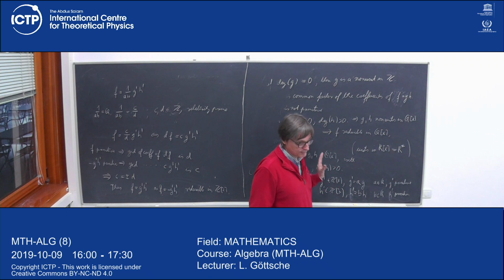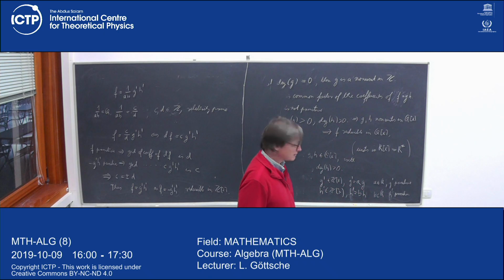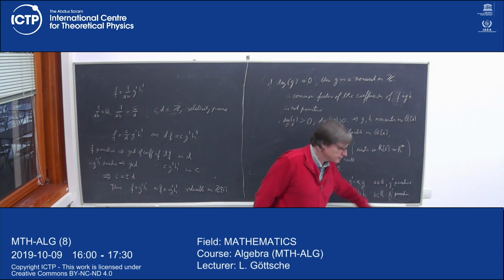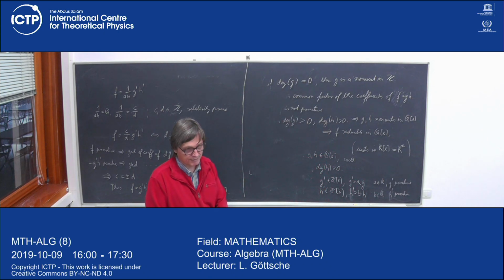Then afterwards the greatest common divisor is 1, and that's how I define H prime. Altogether I have multiplied the whole thing by some rational number, I don't care which one, and I get a primitive polynomial. If you have a polynomial with coefficients in Z, you can always divide by the greatest common divisor of the coefficients to get a primitive one. And if you have a polynomial with coefficients in Q, you can always clear the denominators to get a polynomial with coefficients in Z.